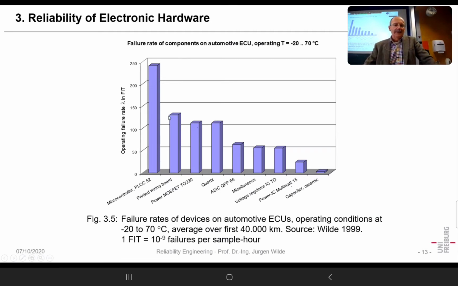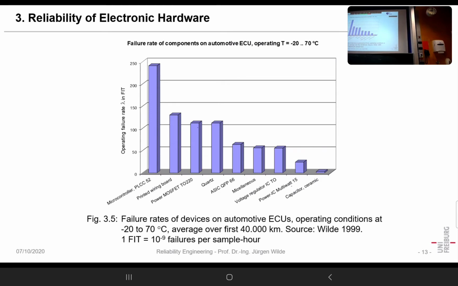And now what is one FIT? That's something which is very important for you to know. It's normally given just per hour, but it's better to say it's 1 part failing from 10 to the power of 9 sample hours.